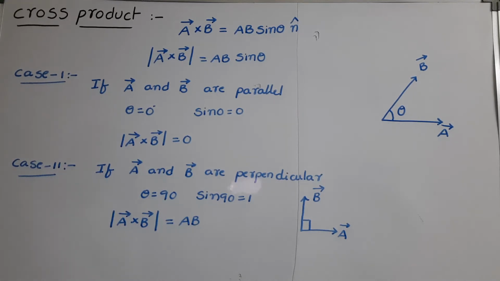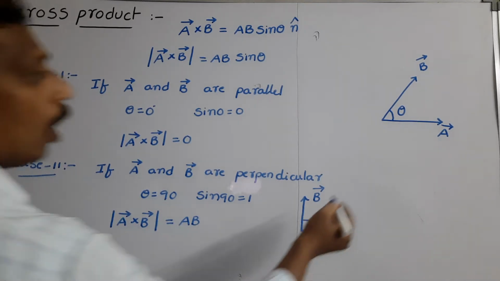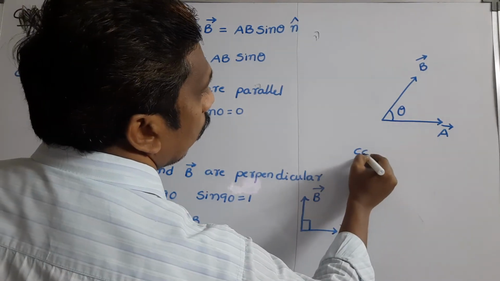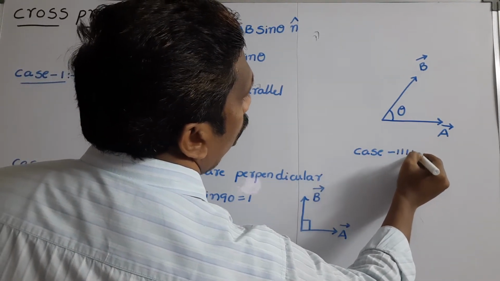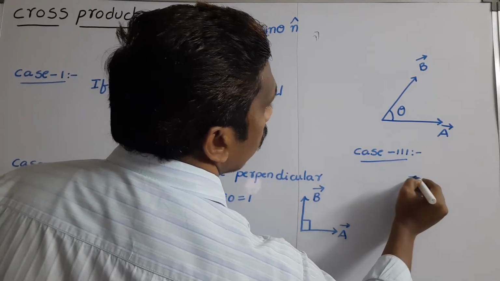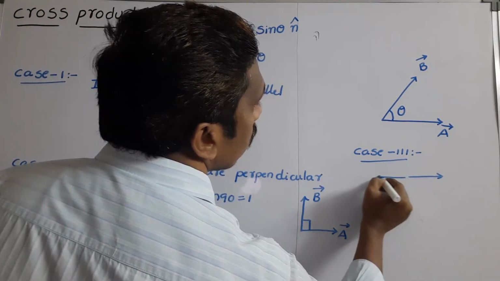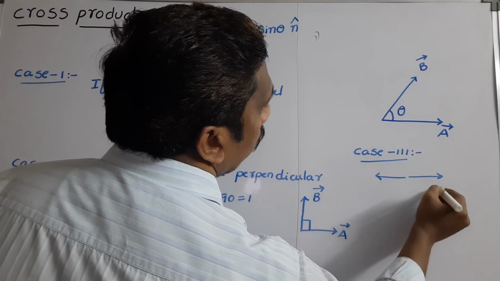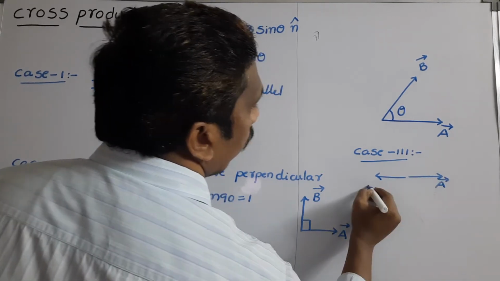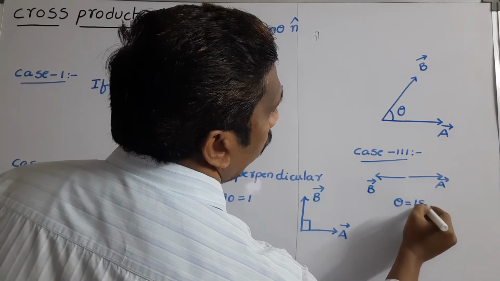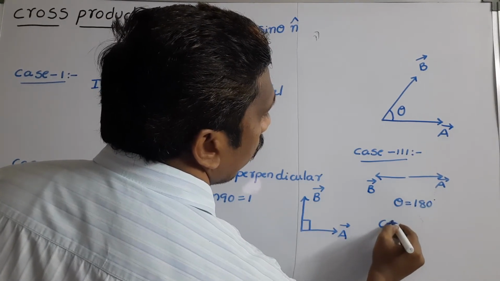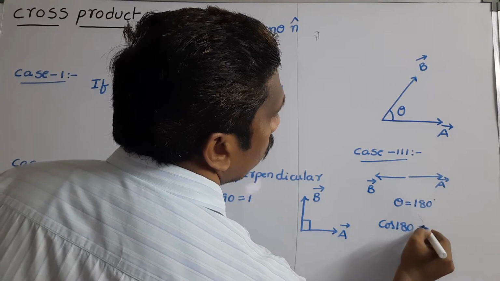And another case, case 3: if two vectors are opposite, in this case theta is equal to 180 degree. You take this as a bar and this one as b bar. Theta is equal to 180 degree. Sine 180 degree is equal to 0.